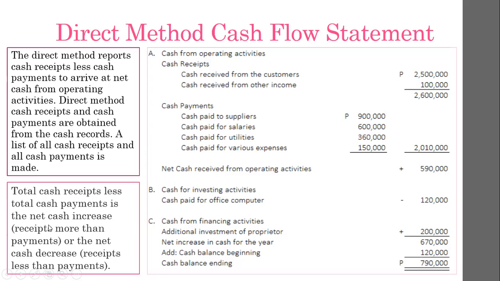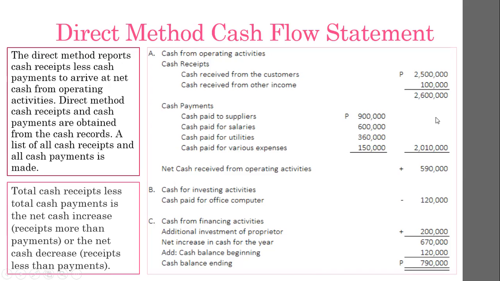Parang sa income statement, pag net income siya, automatic net earn. Dito naman, pag nag-increase siya, positive, naka-plus sign. Then pag net cash decrease naman, parang net loss sa income statement, magne-negative sign siya.